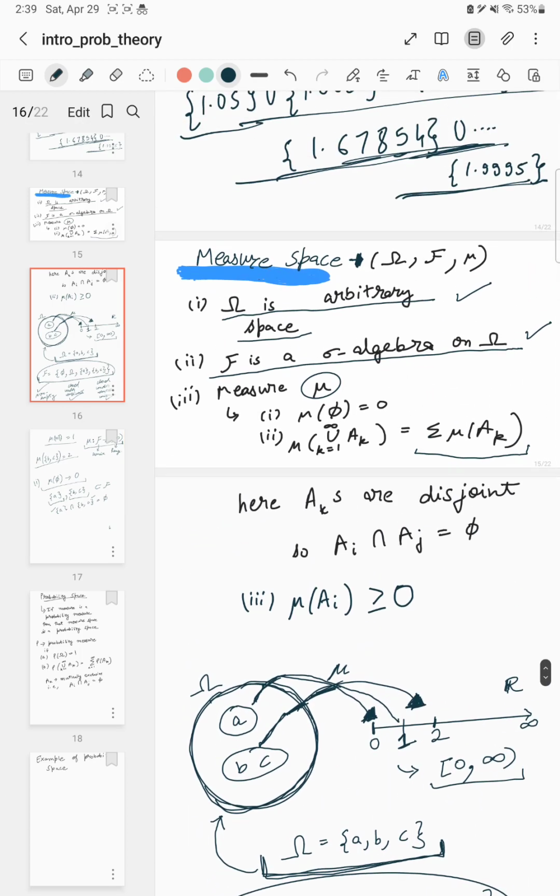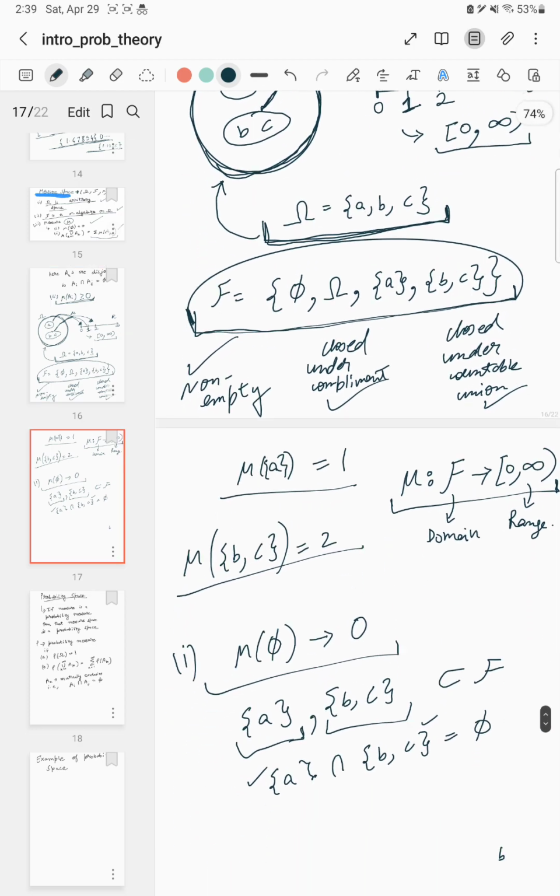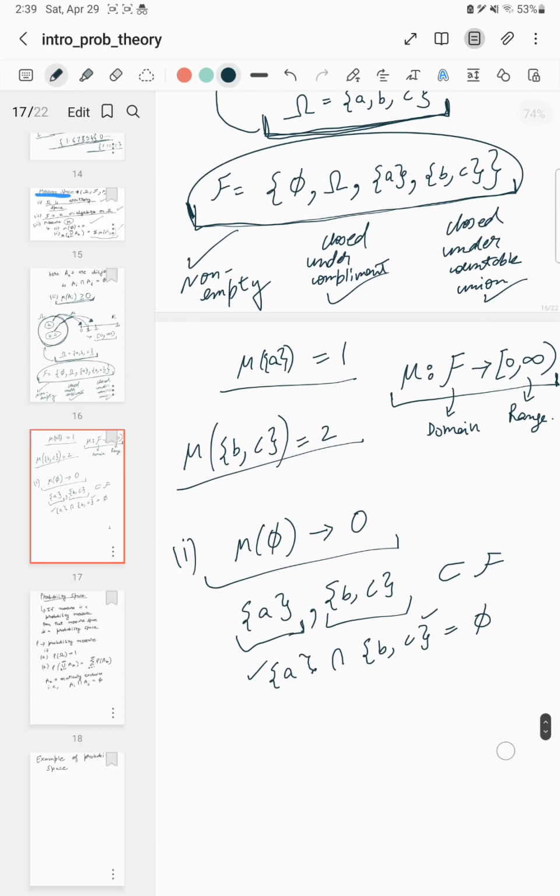So these are the two properties, and obviously a measure would always spit out a non-negative quantity. So the measure of any such subset A_i in F is always going to be non-negative.